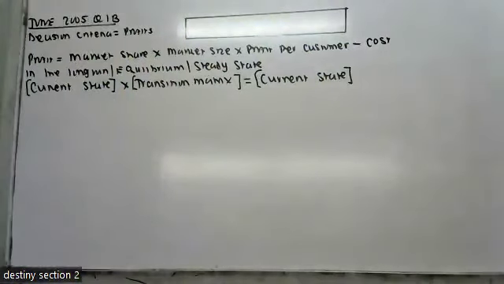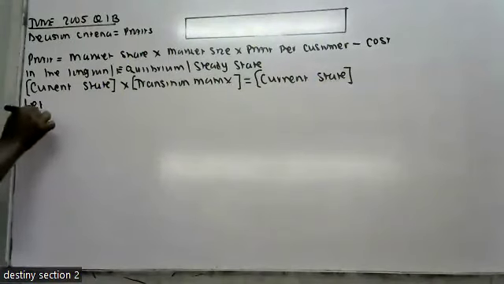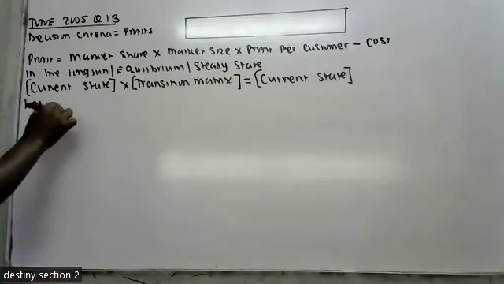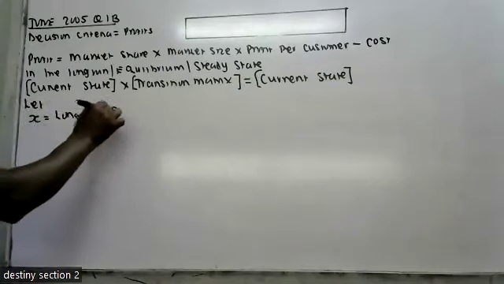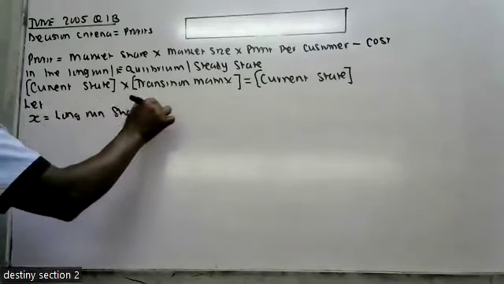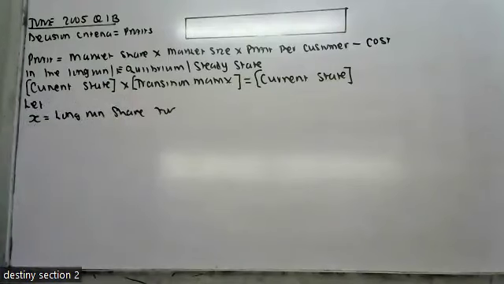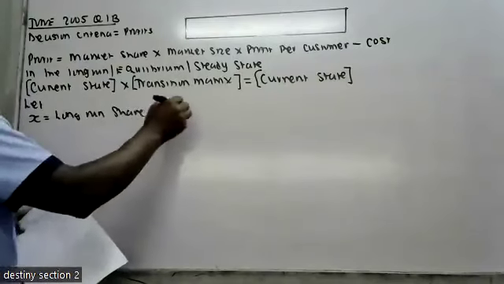So we will let X be the long run share for the first company. The first company is called Tamu Soft Drinks.